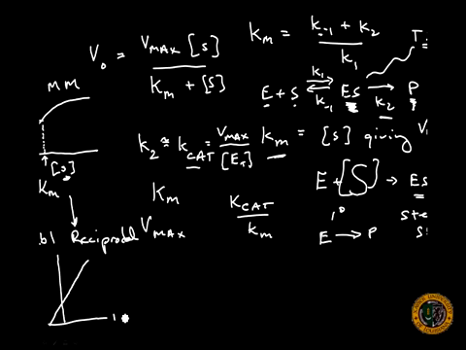So on the x-axis we're looking at 1 over substrate concentration. On the y-axis we're looking at 1 over V0. The points will be kind of aggregated here. And then by taking a linear regression, we get an equation, we get a line that intersects the y and the x-axis. The double reciprocal plot looks like this.